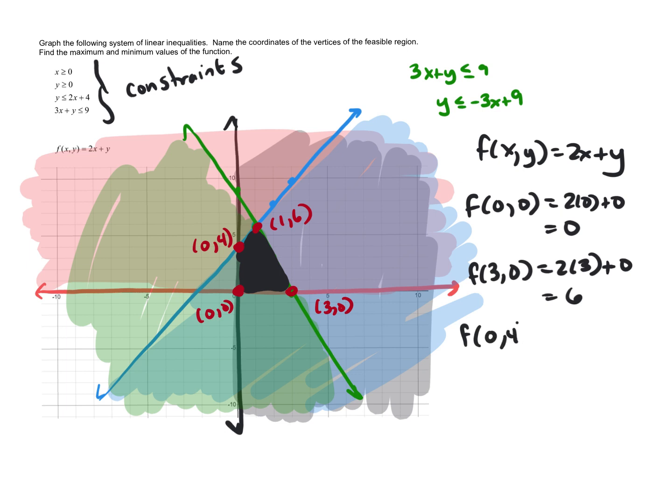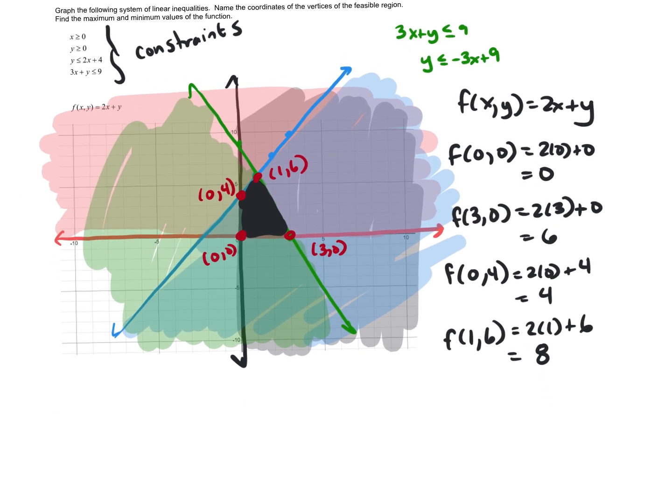F of 0, 4, going to plug 0 in for x and 4 in for y. So that's 4. And then f of 1, 6 is going to be 2 times 1 plus 6, which is 2 plus 6, which is 8.